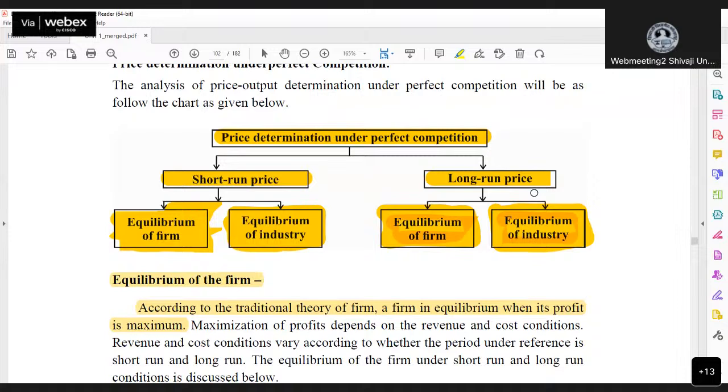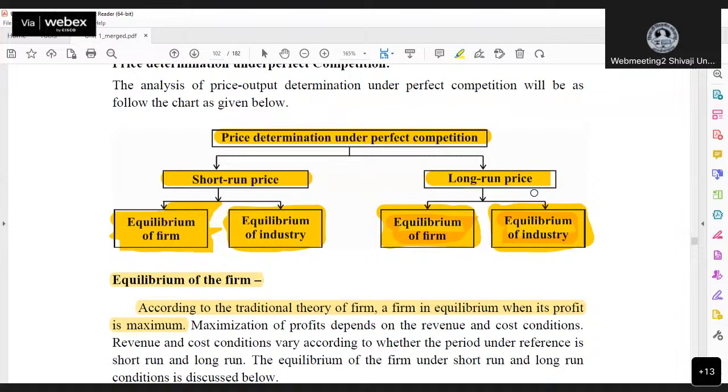So under short run price: equilibrium of firm and equilibrium of industry; and long run price: equilibrium of firm and equilibrium of industry. Why are these two categorized? Short run price has an equilibrium position for the firm and a separate one for the industry, because a firm is a place where decisions about production take place, and an industry is nothing but a group of such firms.